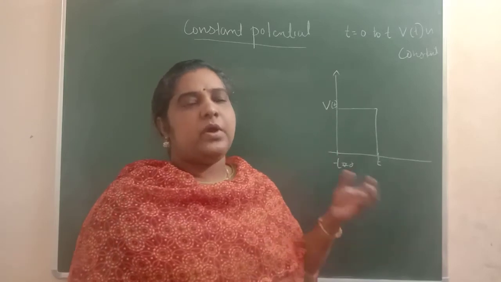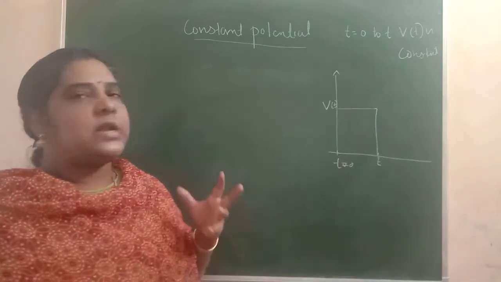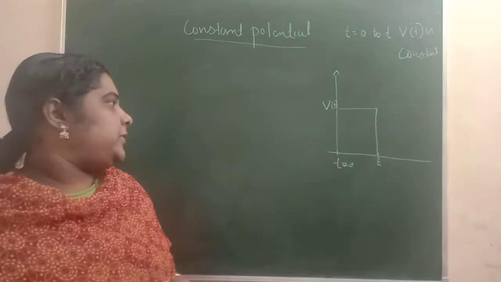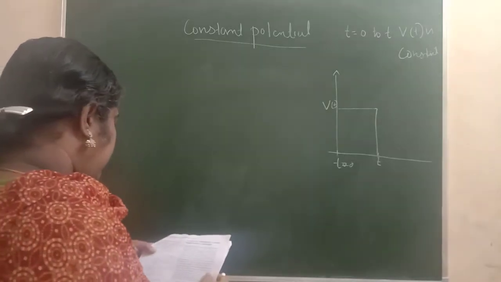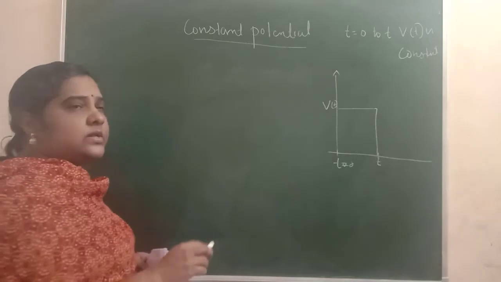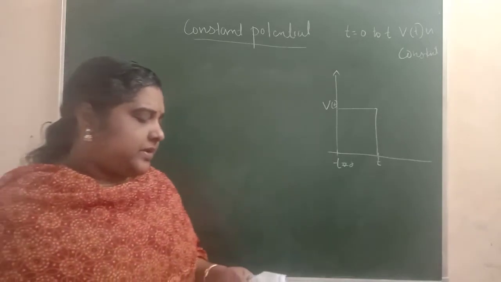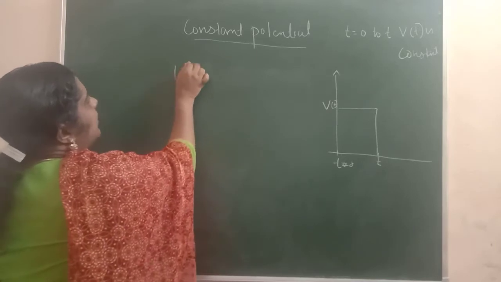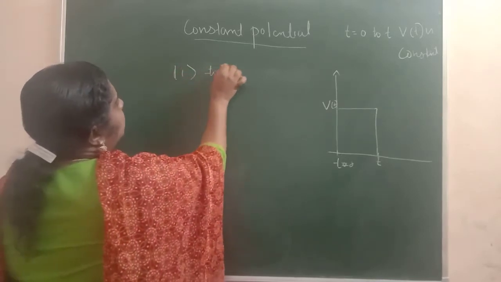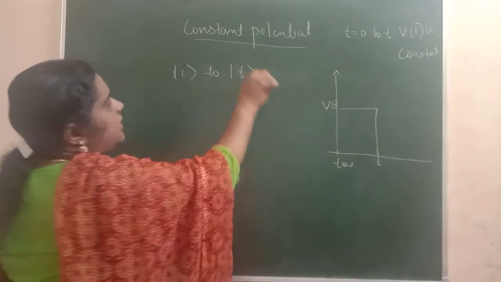So how will we calculate the transition probability for such a potential? We have to calculate the transition probability from an initial state ket i to a final state ket f.